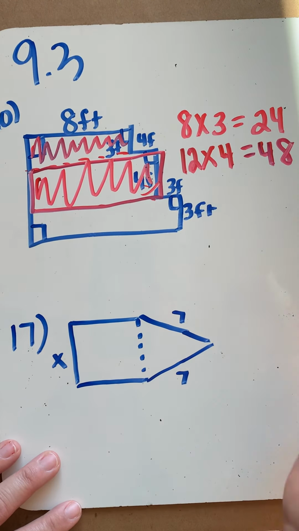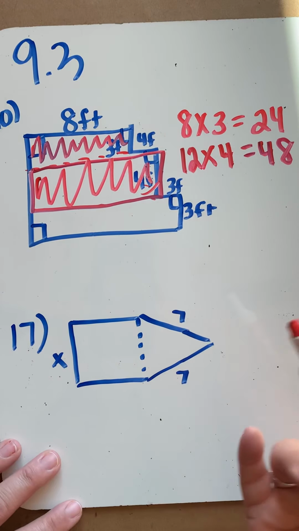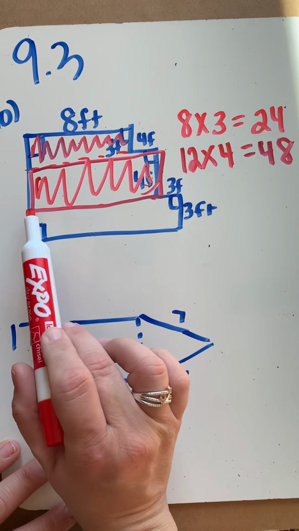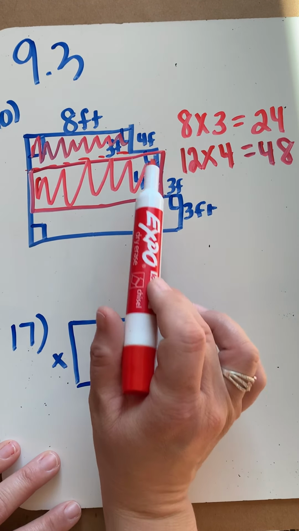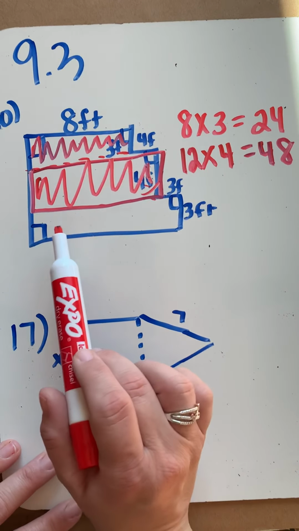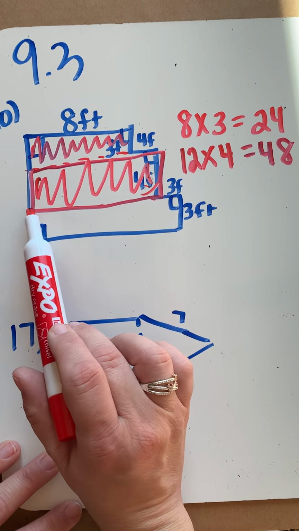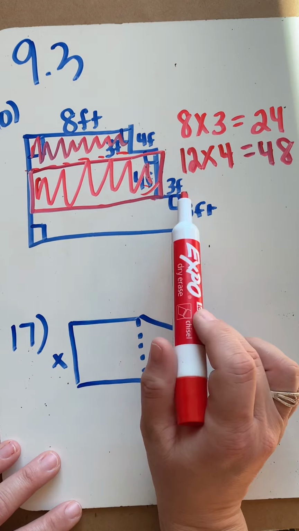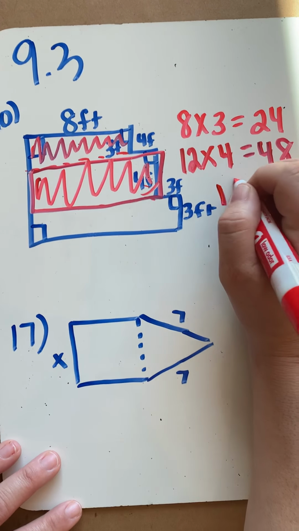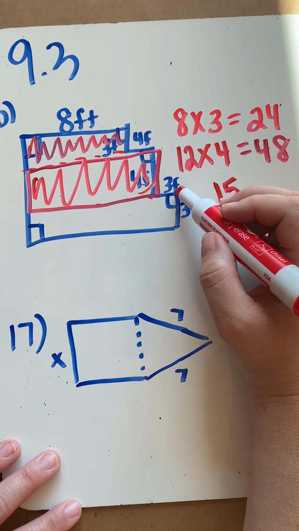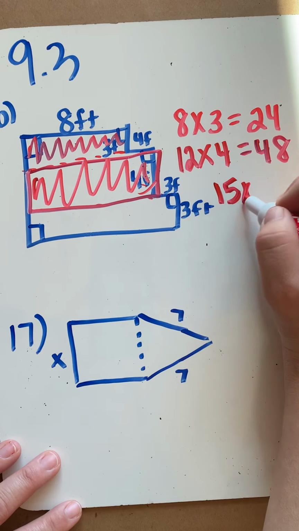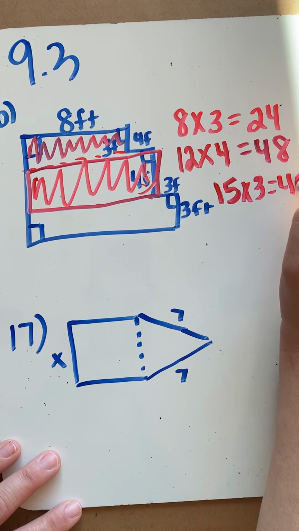Okay, and then finally, again, slightly more complicated, not too much. We already know this whole thing is 12 from the previous rectangle we found. So 12 plus another 3 is 15. That's our length. And then we have width of 3. 3 times 15 is 45.